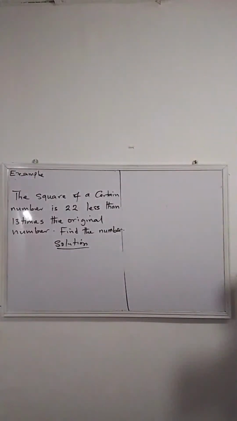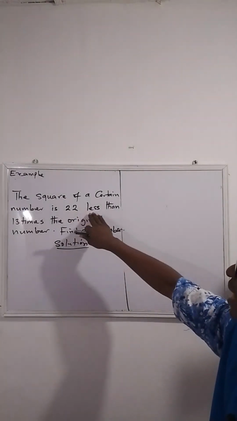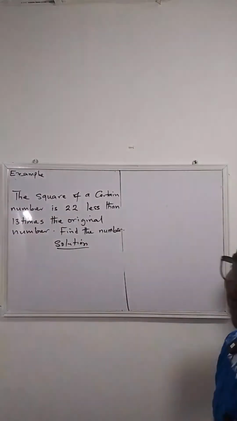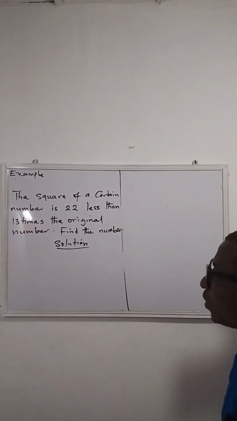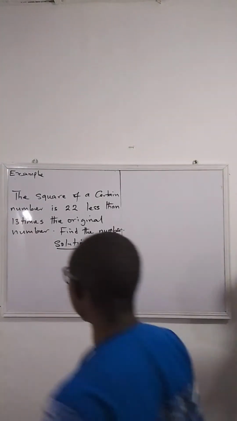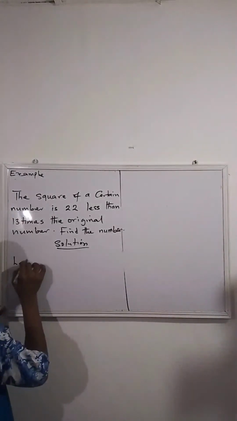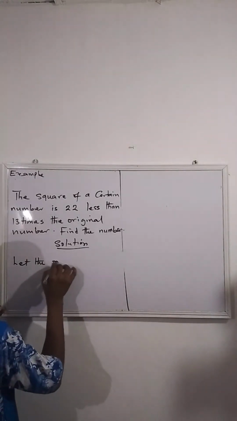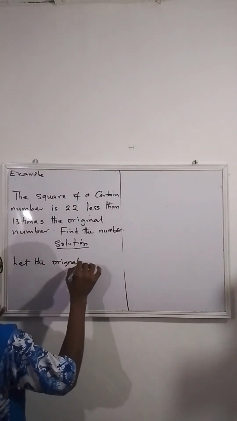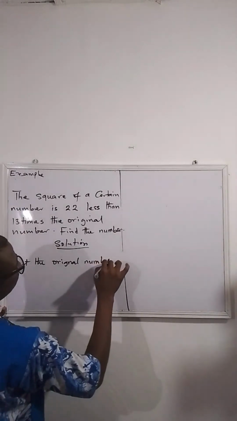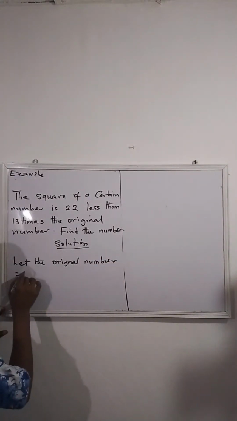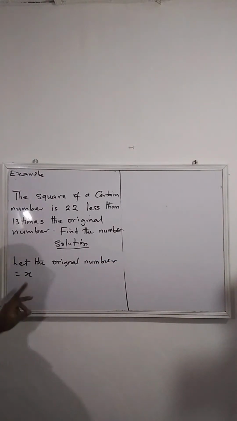So we start by saying let the original number be equal to x. This is the original number.